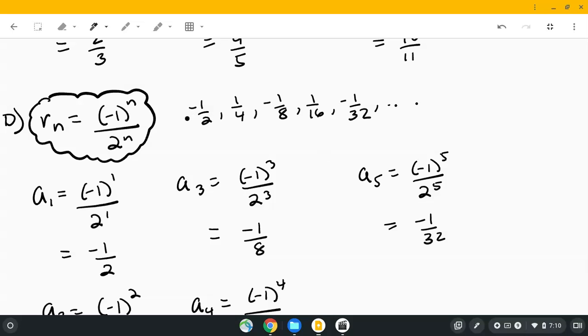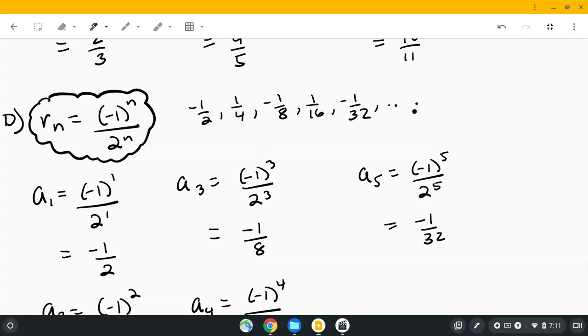So what I wanted to point out is that notice how we have this alternating sign happening here. We have negative and then positive, negative, and then positive and negative. So whenever you have that happening, then you are most likely going to have some negative 1 involved in the formula for the nth term, so that later on when they're asking you to find the nth term, or they're asking you to find the formula.